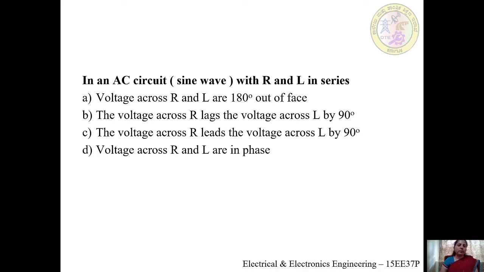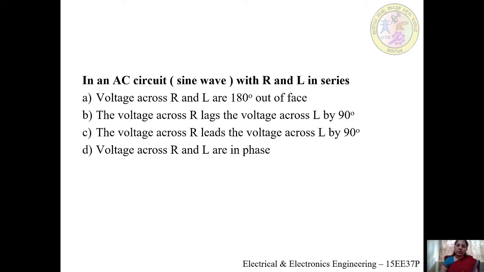There's one multiple choice question over here. In an AC circuit with R and L in series, so there are four choices. The first one is voltage across R and L are 180 degree out of phase. The voltage across R lags the voltage across L by 90 degree.